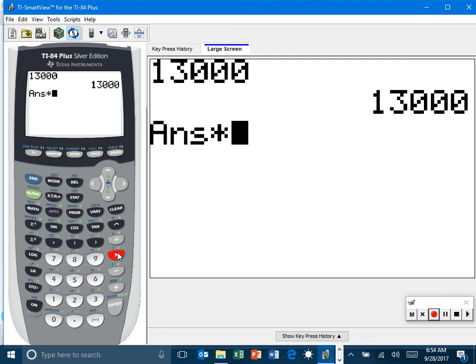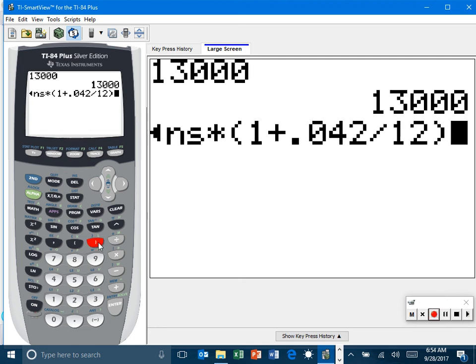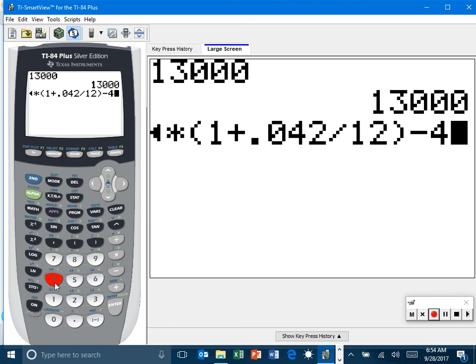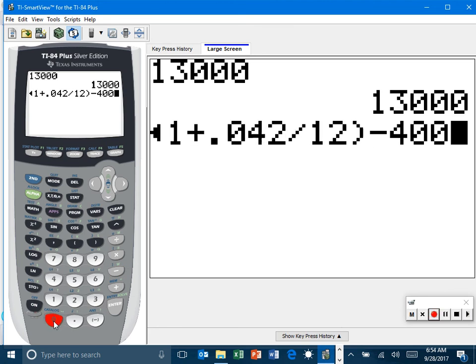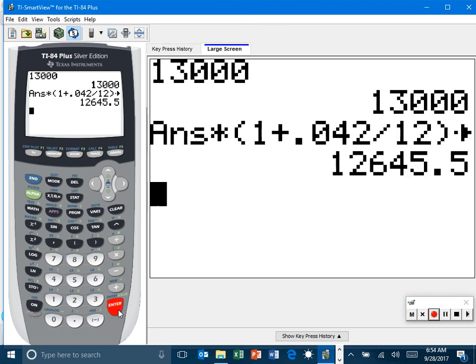Times 1. Parentheses 1 plus 0.042 divided by 12. Close it. Minus 400. Okay, this is 1 month. 2 months.